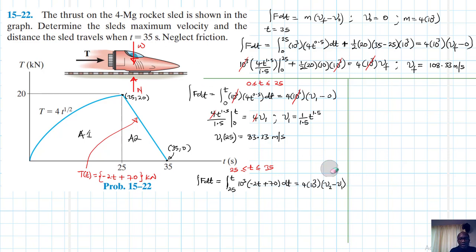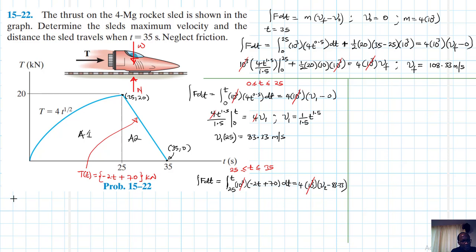And our v1 here is equal to 83. So let's write it down. We do have already the v, so this is 4 times 10 to the third, then we'll say v2 minus 83.33. Okay, so we can cancel out this and this.